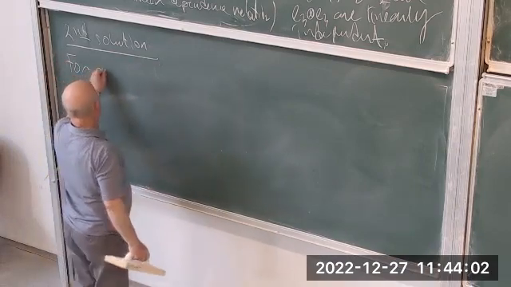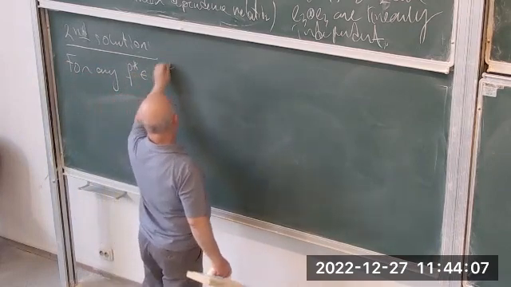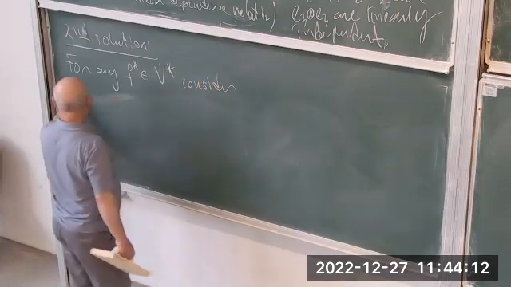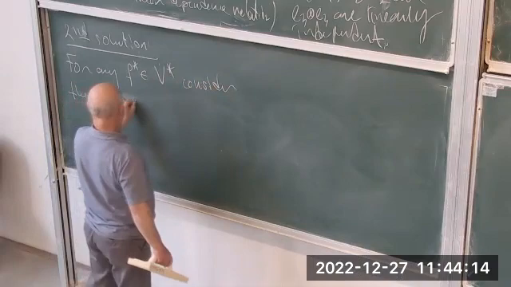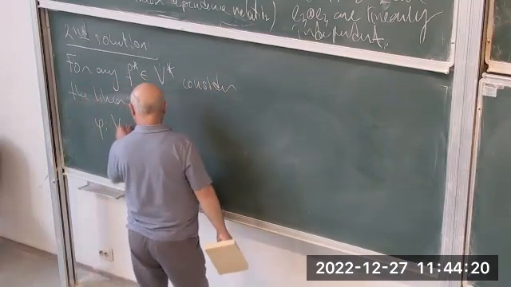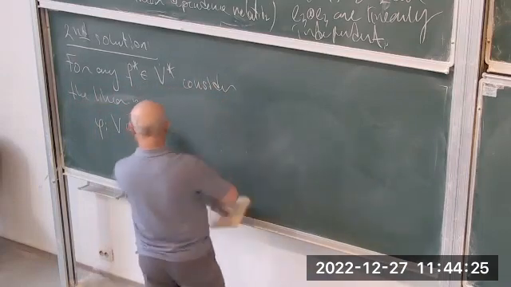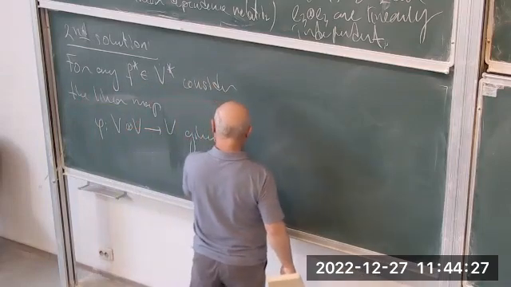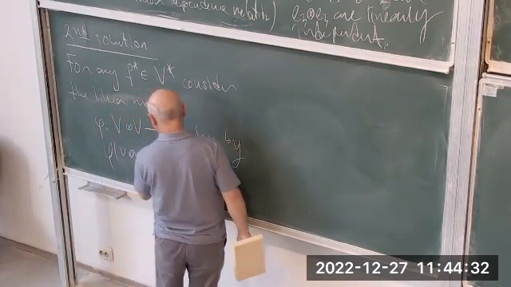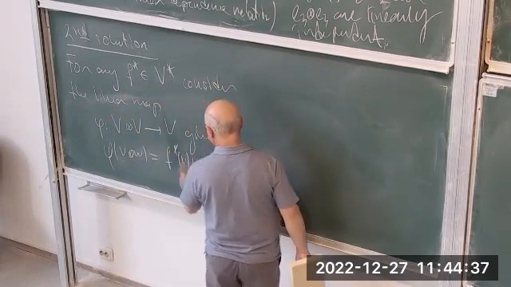For any x star in V star, consider the linear map phi from V tensor V into V, not K, V, given by phi of v tensor w is just x star of v times w.